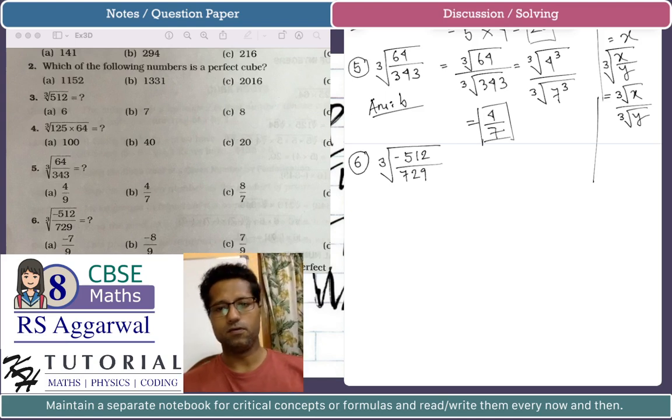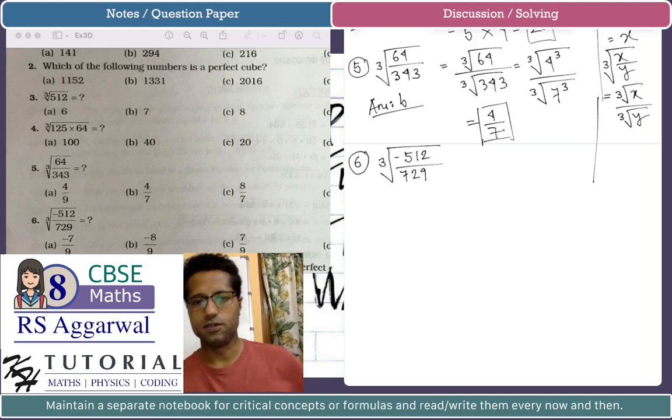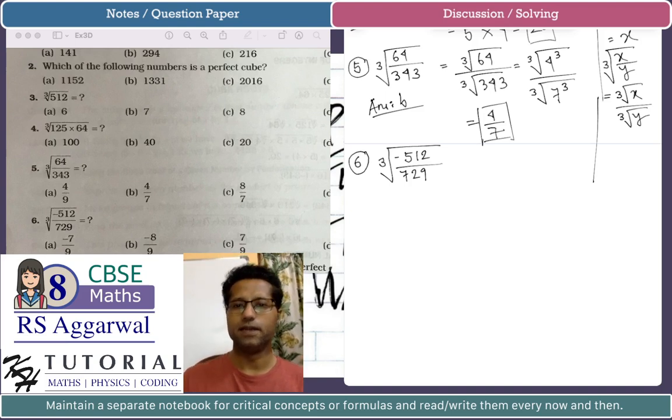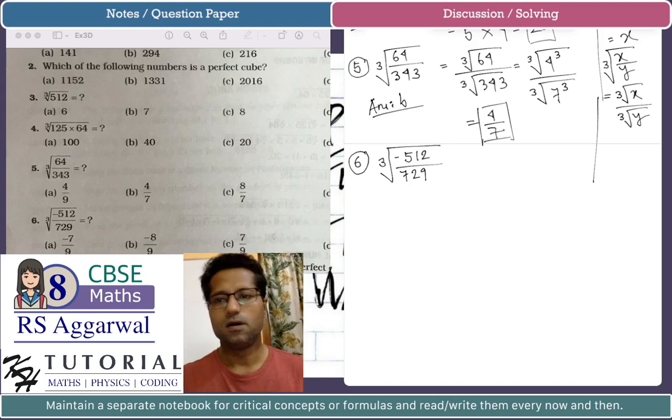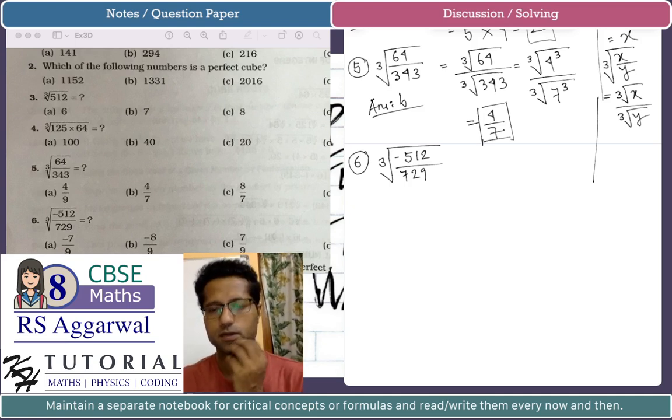Whenever you are given a negative rational number inside a cube root, the negative sign will not matter, because the cube root of a negative number is also a negative number. You just have to see whether both the numerator and the denominator are perfect cubes or not.